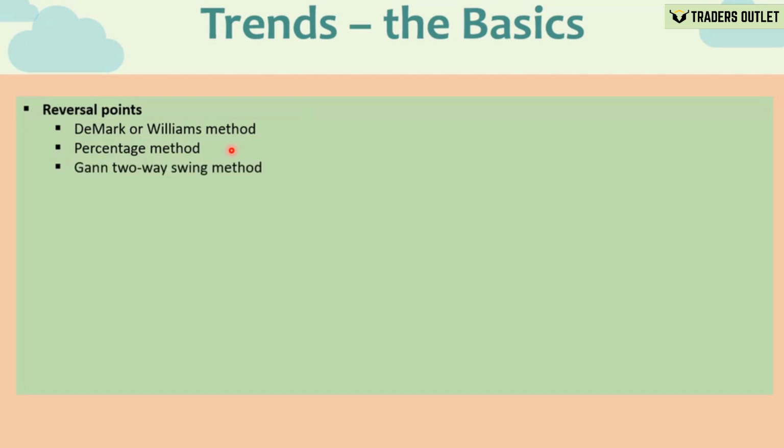Then the other method is the Gann two-way swing method. This person, Gann, has a really important contribution to technical analysis. He came up with a method to identify whether it's a peak or trough, to find a support point. Now by the Gann swing method, a trough or a support point, a low bar, is identified, just like we had in the previous case, one of the low bars that we picked.